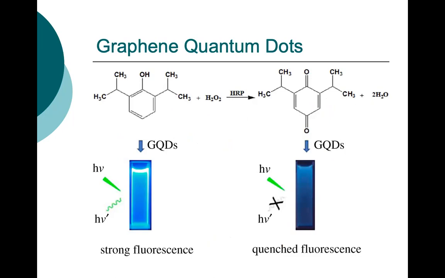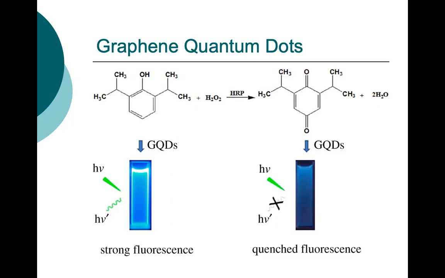Just now, the quantum dots that I showed you in the earlier slides are based on metal oxides, a combination of metals. But we can also use graphene to make quantum dots. So these are all materials that you can use to develop optical sensors because they are active.